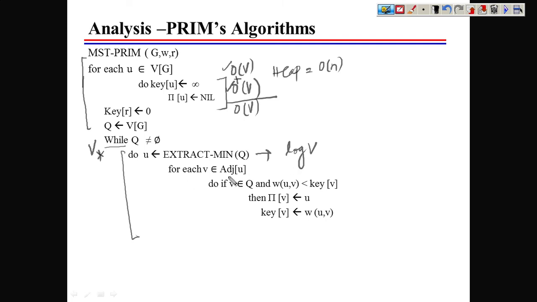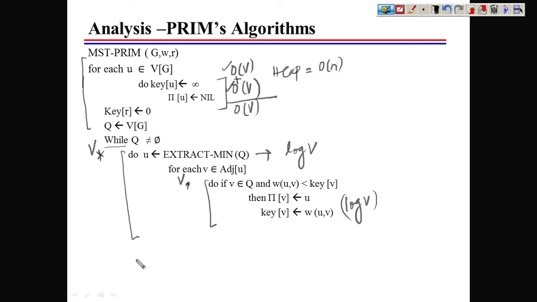Then for each vertex we update the neighbors of the vertex extracted in the extract min procedure. Because we are assuming a heap, the update will take at most log V time.